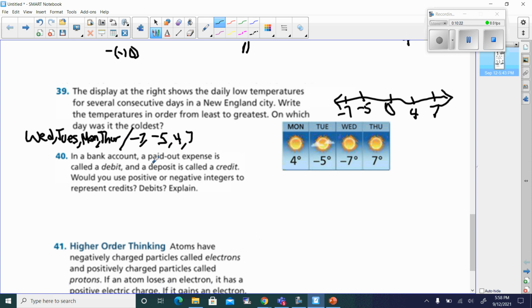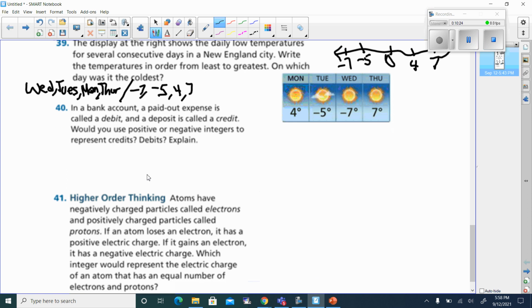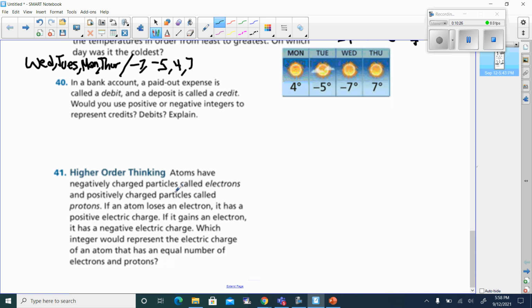All right, and let's go to number 41, the higher order thinking question. Atoms have negatively charged particles called electrons and positively charged particles called protons. If an atom loses an electron, it has a positive electric charge. If it gains an electron, it has a negative electric charge.